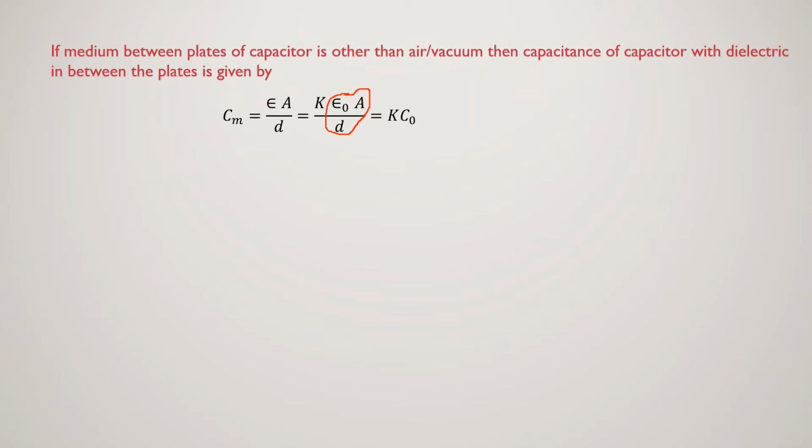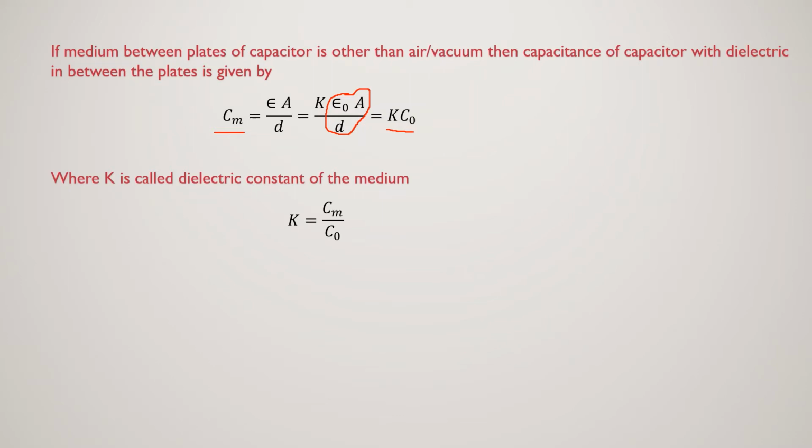It means capacitance of a capacitor with medium in between the plates is equal to K times the capacitance of capacitor with air in between the plates, where K is called dielectric constant of the medium.